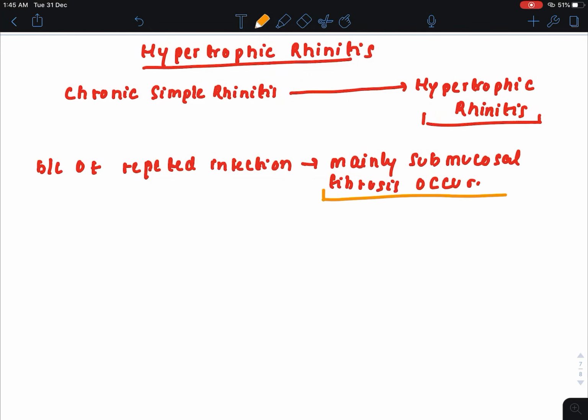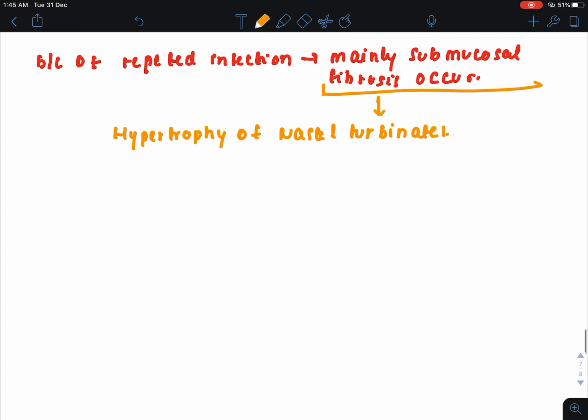The submucosal fibrosis leads to hypertrophy of nasal turbinates. Middle turbinate hypertrophy, and most commonly the inferior turbinate hypertrophy.